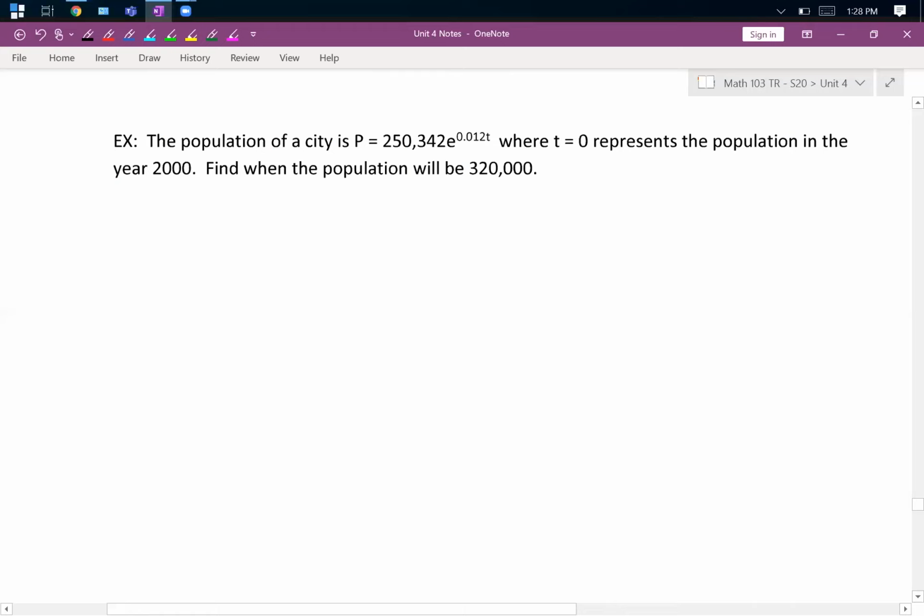Suggestions on getting started? They want us to figure out when our population will be 320,000. The variable P represents population, so all we need to do is substitute 320,000 in for P and solve for T.